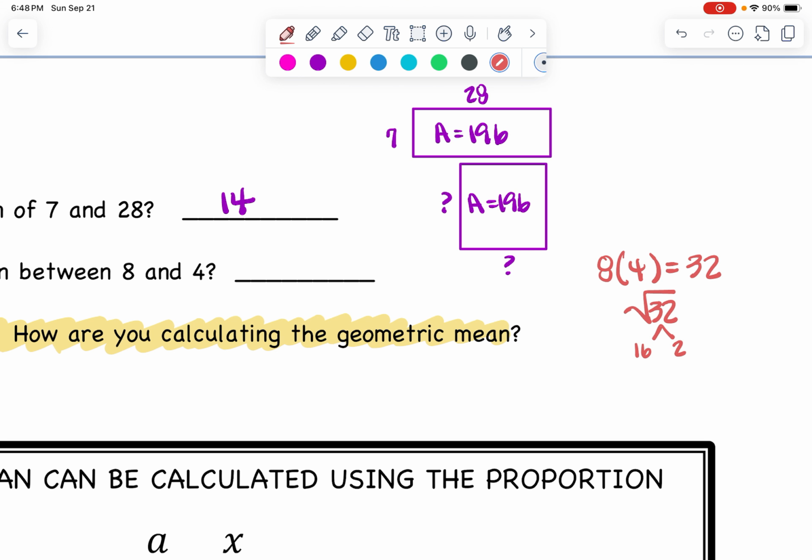So that's 16 times 2, and 16 breaks down into 4 times 4. I'm just going to stop there, even though I know 4 isn't prime. But once you find a pair, you can stop. You don't have to keep going because I know that's just going to give me 2 times 2 times 2 times 2. So I'm taking out 2 2's, which is the same thing as a 4. So I'm just going to stop at the 4's and say, okay, well then my geometric mean is 4 root 2.